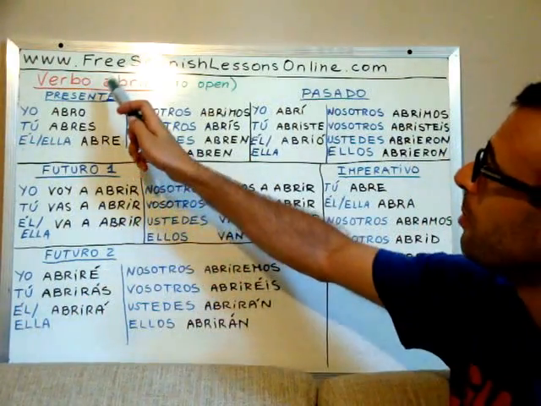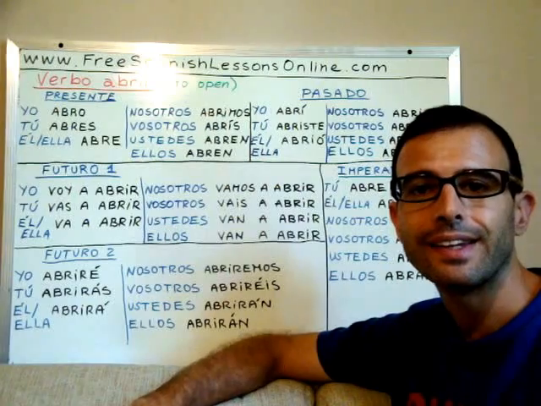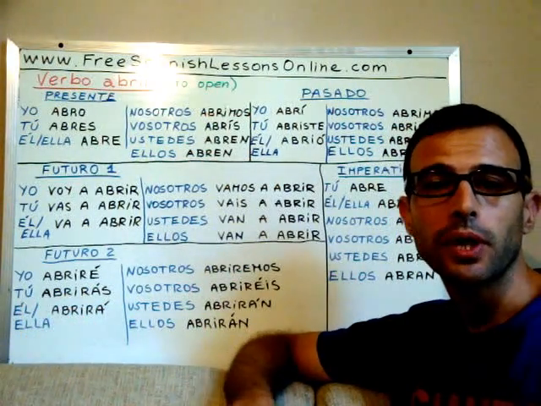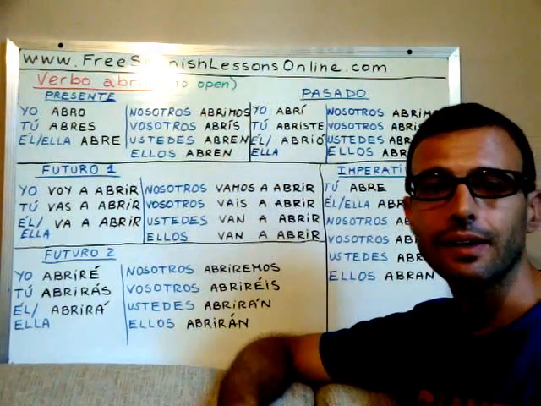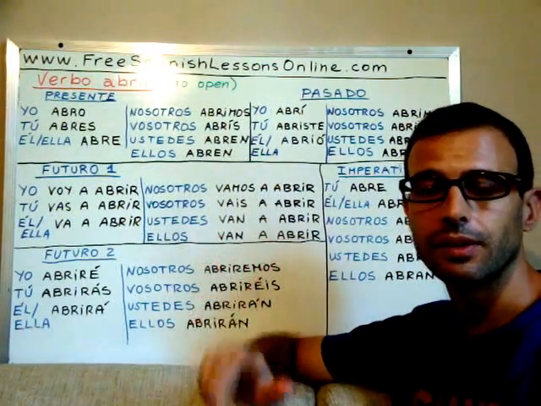So the verb abrir belongs to the group of verbs that end in ir. If you remember, we said that in Spanish we have three groups of verbs: those that end in ar, those that end in er, and those that end in ir, right?